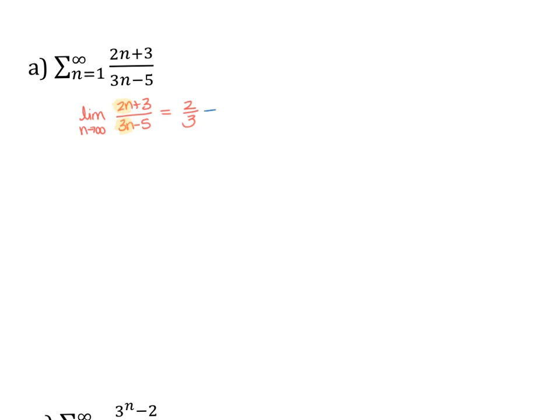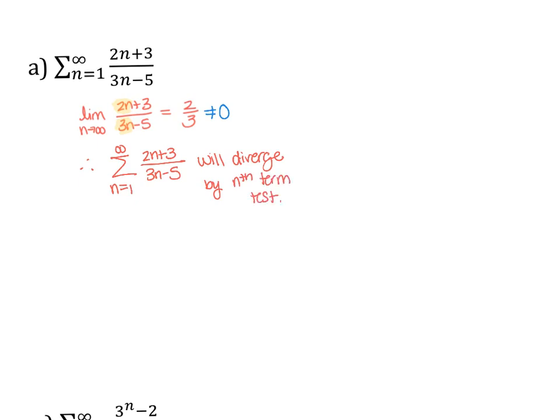And this is not equal to 0. Therefore, the sum from n equals 1 to infinity of 2n plus 3 over 3n minus 5 will diverge. And now we have to start giving reasons by the nth term test.